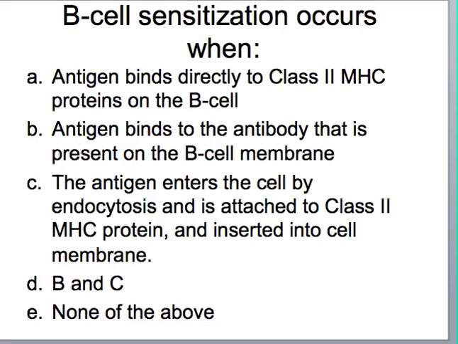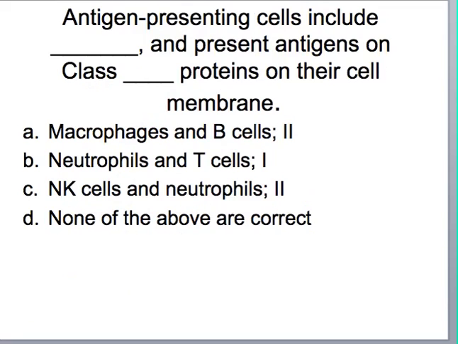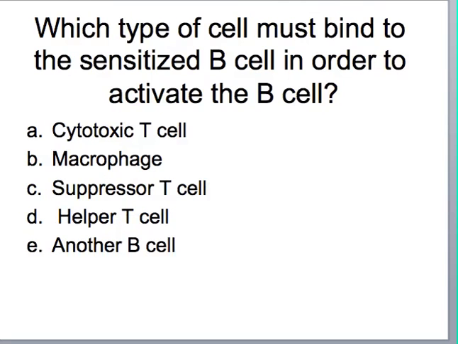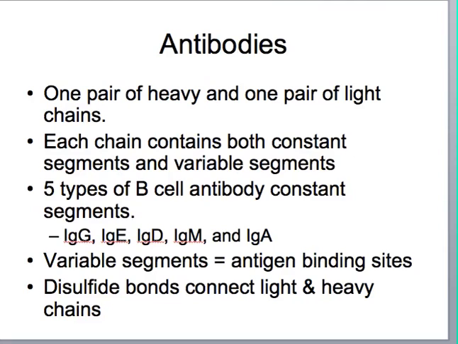If you go back and look, you should be able to see what the correct answer is. You can do this one as well, and we'll let you look at those.